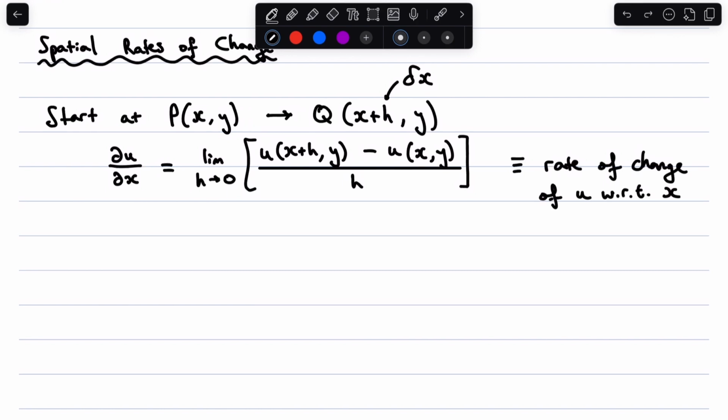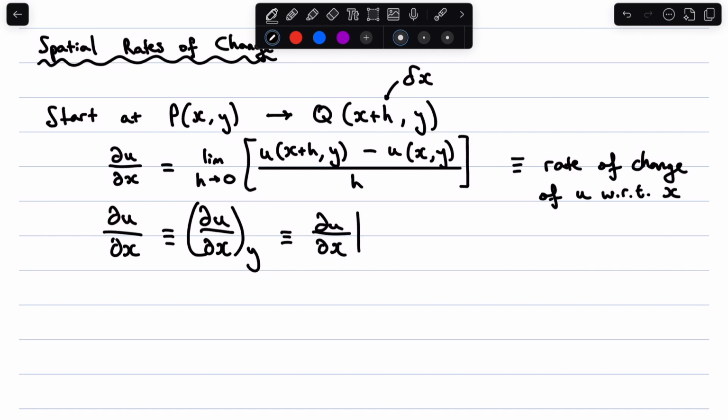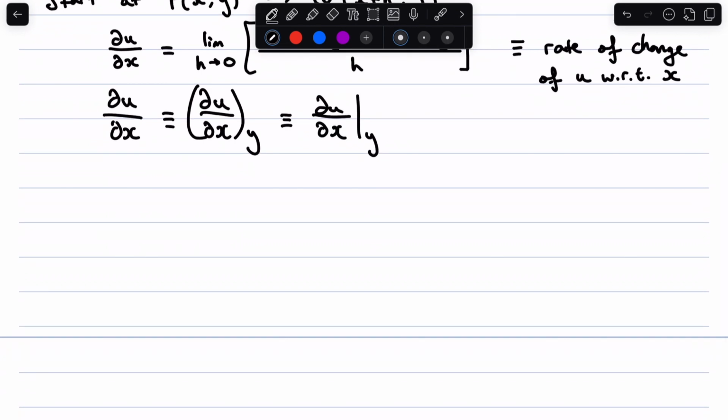So this notation can just be written as we already have, du by dx, but this is also equal to du by dx at constant y, and that's just notation, that's what that bracket will mean. And then similarly, if we're moving only in the y direction, we'd have our P of x, y transforming to Q of x, y plus k, where k is our delta y.